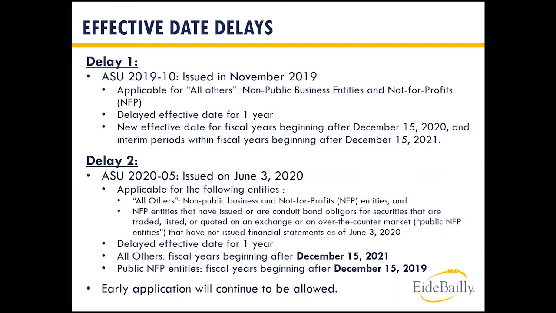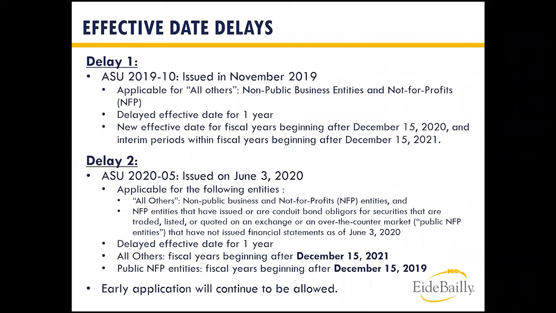There are certain not-for-profits that actually qualify as a public business entity because they're a conduit debt obligor or conduit bond obligor. Because they have those publicly traded debt securities or publicly traded bond securities, they actually trigger the earlier effective dates of many standards. In this case, it was actually deferred for that group also if they hadn't already adopted and implemented.